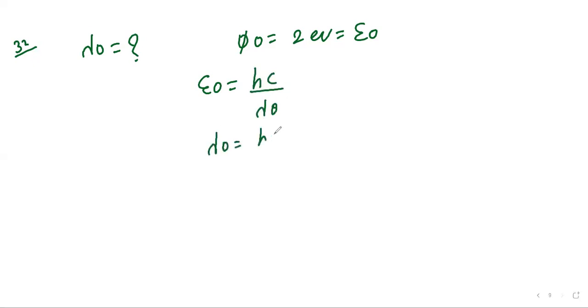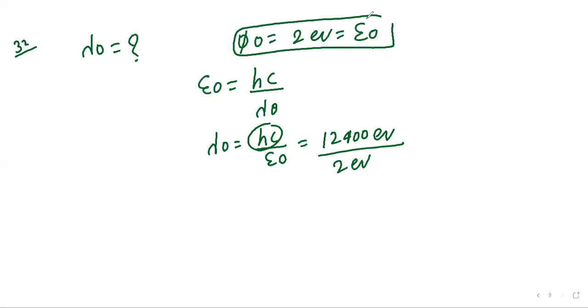So it will be equal to hc upon E naught. When we multiply h into c, the multiplication of this is to be remembered. It is 12400 electron volt angstrom, and this is also in electron volt, that is 2 electron volt energy.